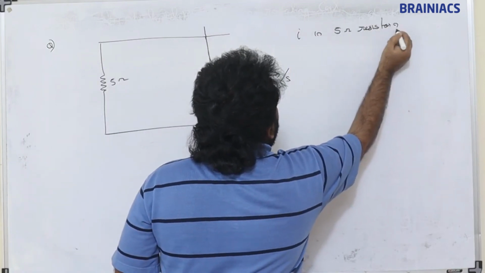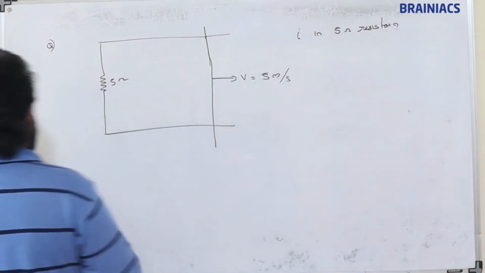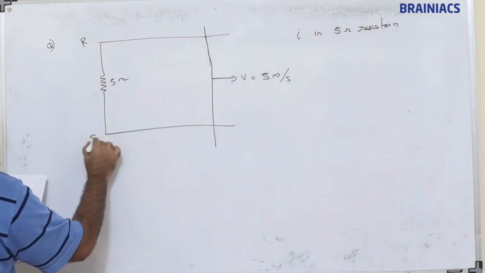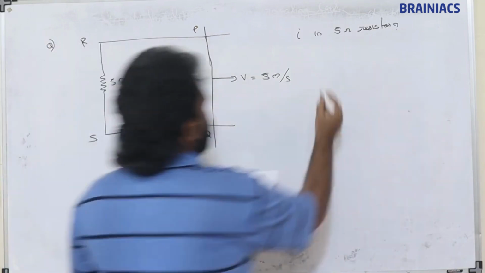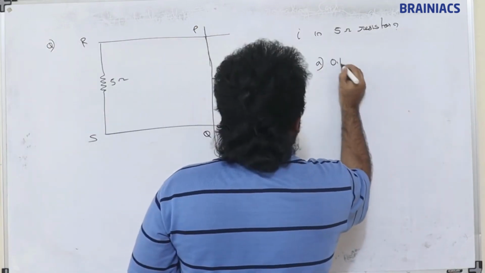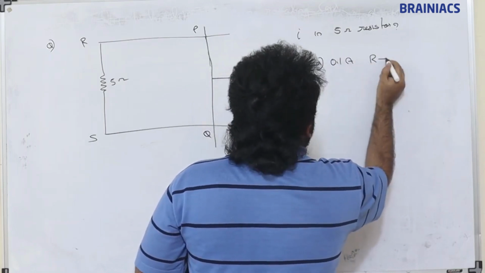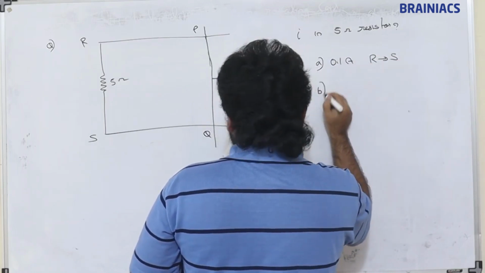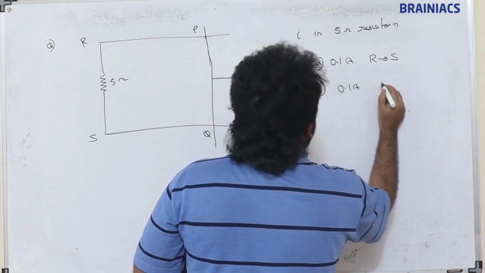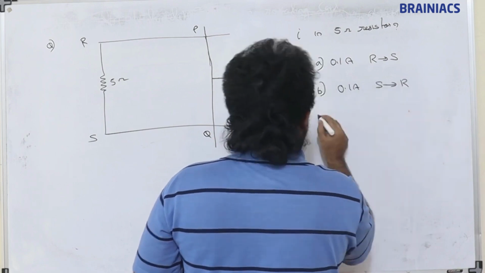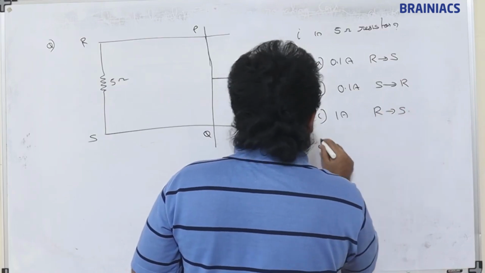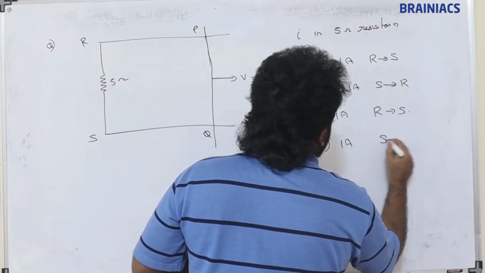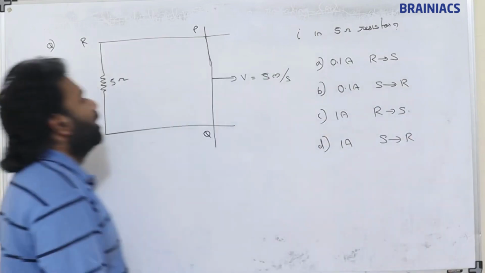This is R, this is S, this is P, and this is Q. The options are: 0.1 ampere, R to S; 0.1 ampere, S to R; 1 ampere, R to S; and 1 ampere, S to R.